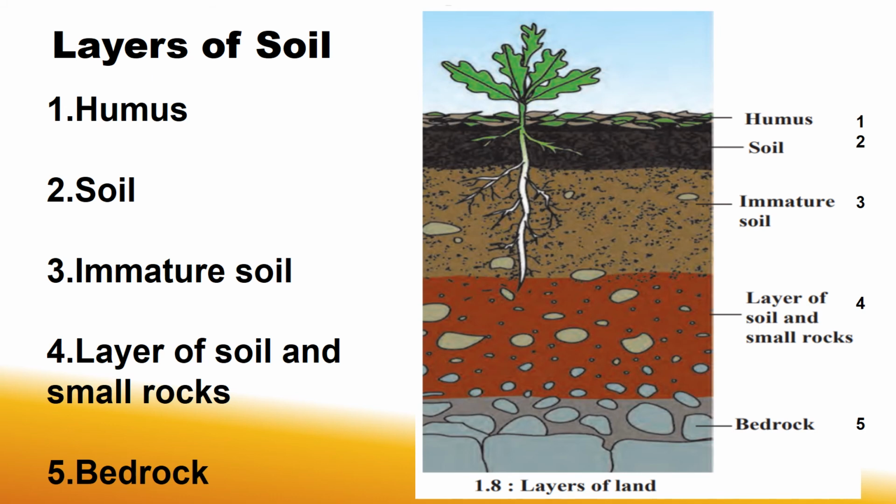So this layer is the layer of soil and small rocks. The last layer is the bedrock. What is bedrock, children? Big rocks are there in it. So the last layer of land is the bedrock.